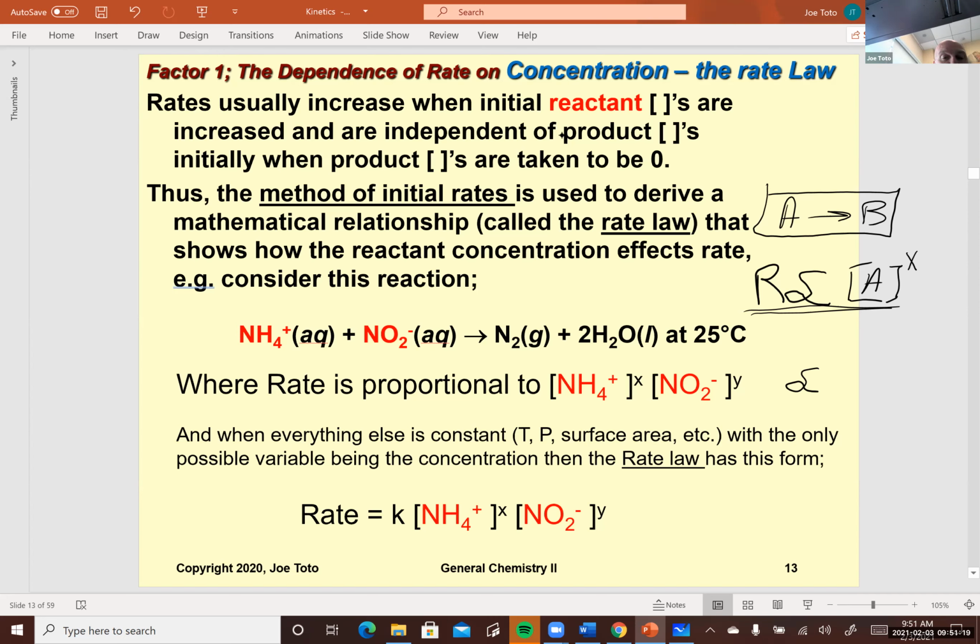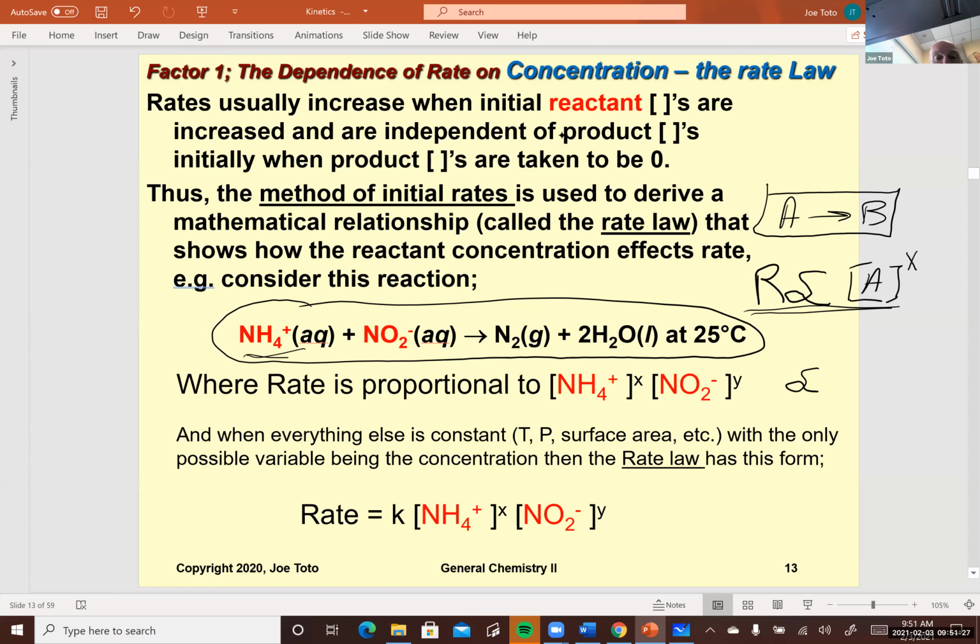So here I look at a specific reaction at 25 degrees Celsius. I have ammonium reacting with nitrite to form some products. So as soon as I identify that reaction, I know the form of the rate law.